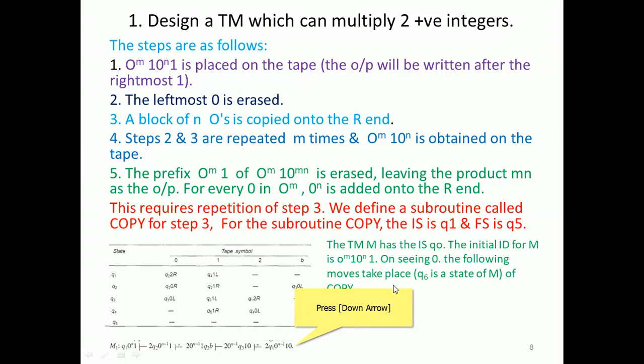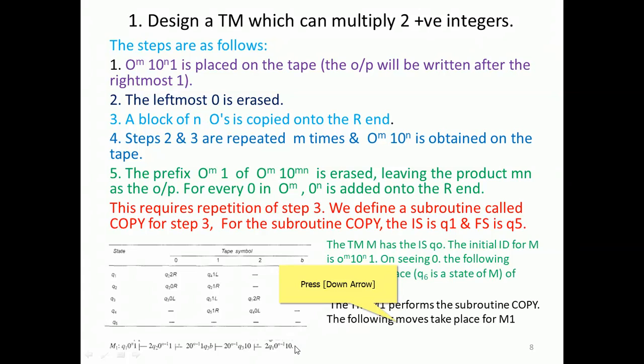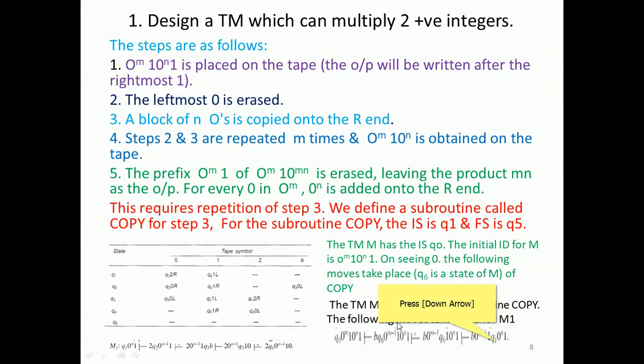Then we can exercise a number of IDs. We can have 2 0^(n-1) 1 Q3 B, that is 2 0^(n-1) Q3 1 0. Through the ID star, we can have 2 Q1 0^(n-1) 1 0. So the Turing machine M1 performs the subroutine copy. The following moves take place for machine M1.